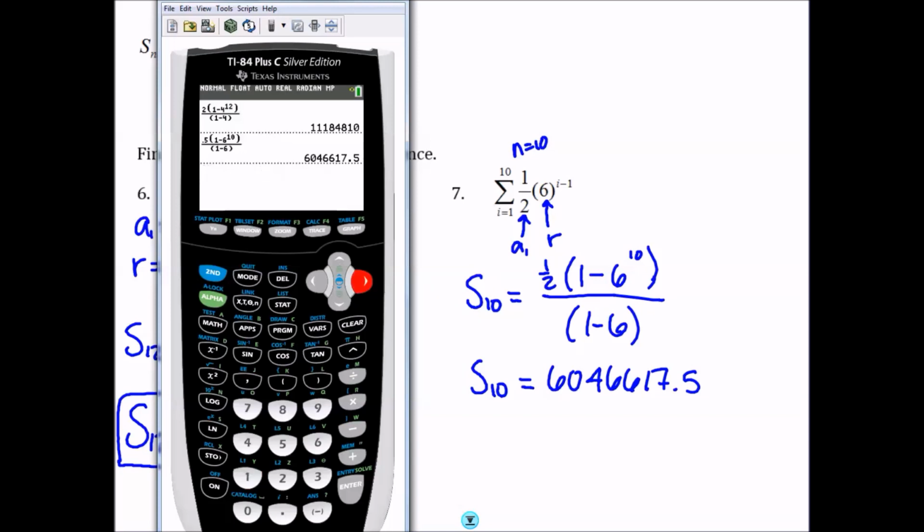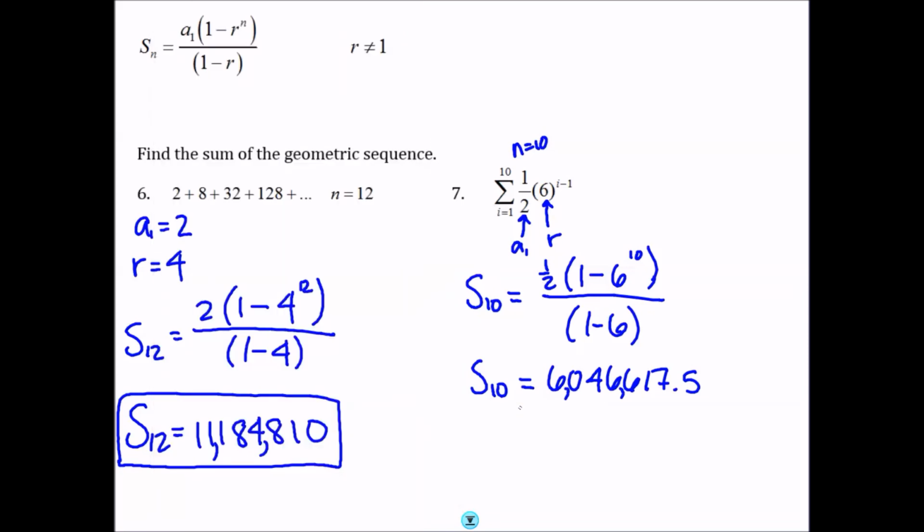The one thing you do have to be careful with though, if you type anything outside of this parenthesis, you're not going to get the correct answer. The entire formula needs to be inside the parenthesis that comes up when you click summation. And we get the same answer. So this summation is a little over 6 million.